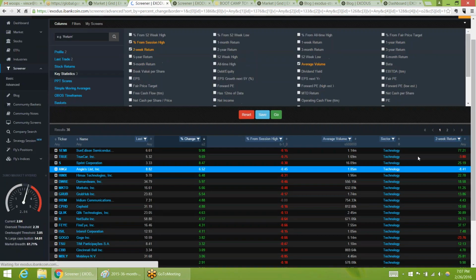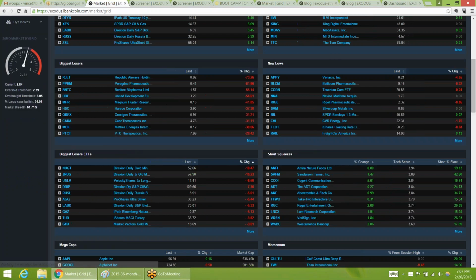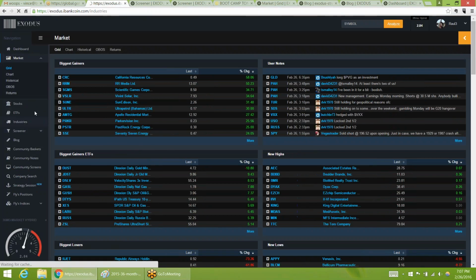Okay, so 2-week return, you can see at the very bottom, on this momentum screen, the median return was almost 11%. So the sector overall, over the last 2 weeks, was up 7.65%. And that's something I pulled from the industry screen, looking at the actual sectors overall.